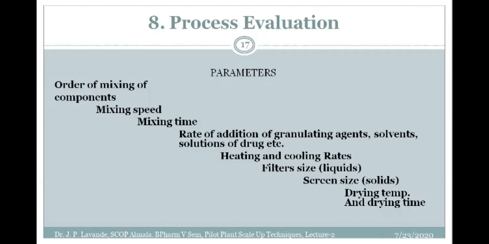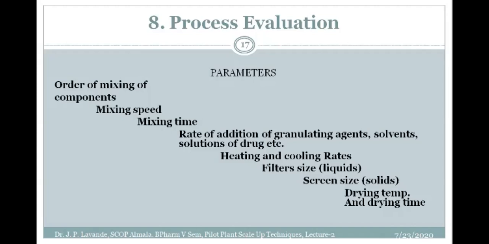If we add the required amount, we will get the desired specifications of the granulating agent, so that it will very easily go into disintegration and then dissolution. If the addition of the binding agent is too high, the concentration is too much, then it will cause production of very hard granules.